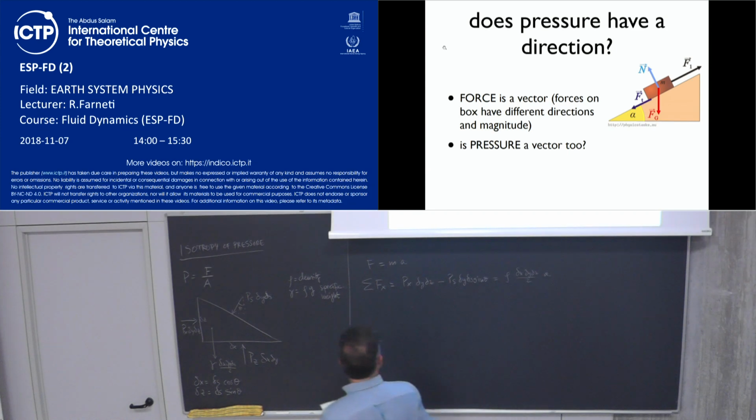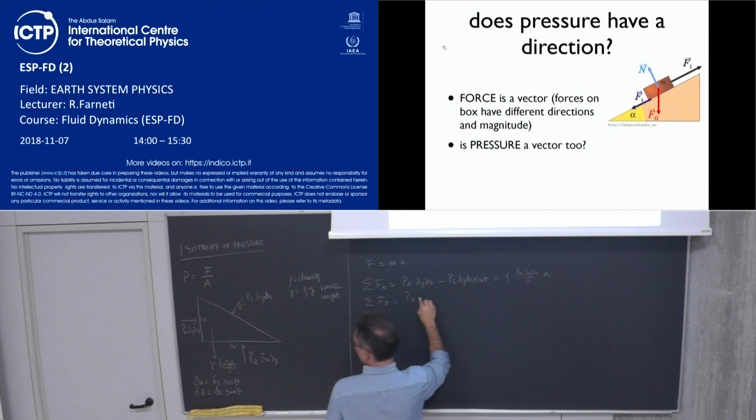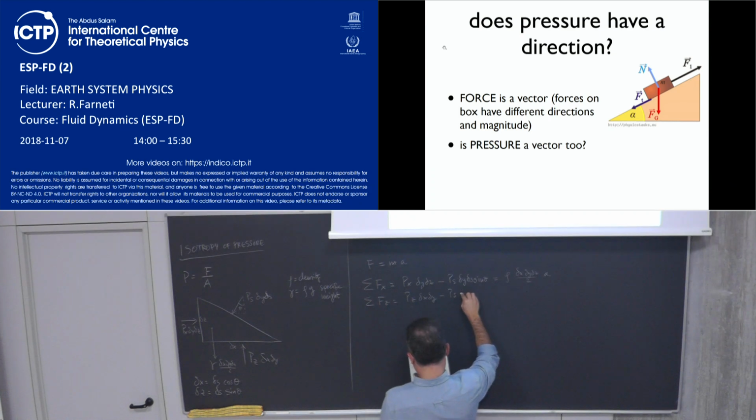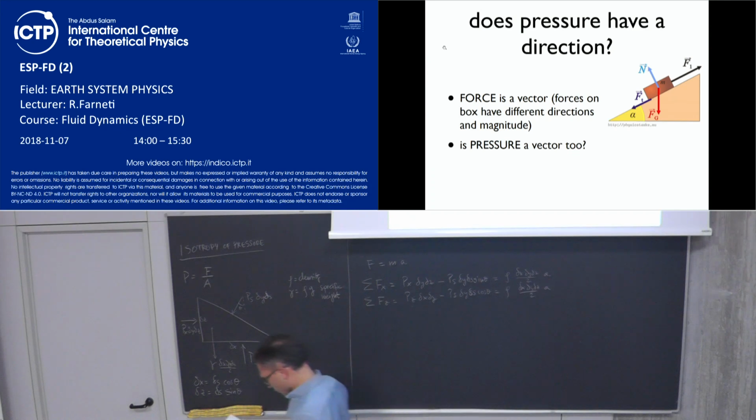And in z I will have Pz dx dy minus my contribution Ps dy ds cosine of theta equal to my mass times the acceleration.